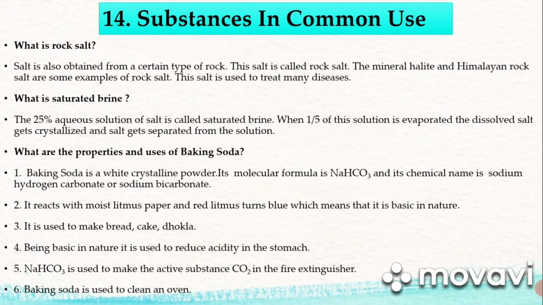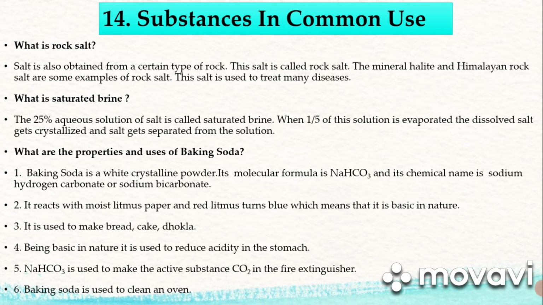What are the properties and uses of baking soda? Baking soda is a white crystalline powder. Its molecular formula is NaHCO3 and its chemical name is sodium hydrogen carbonate or sodium bicarbonate. It reacts with moist litmus paper and red litmus turns blue, which means that it is basic in nature.